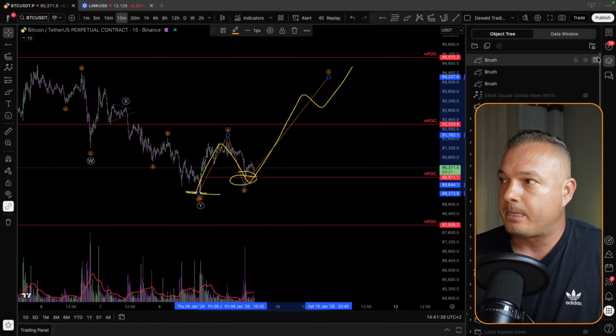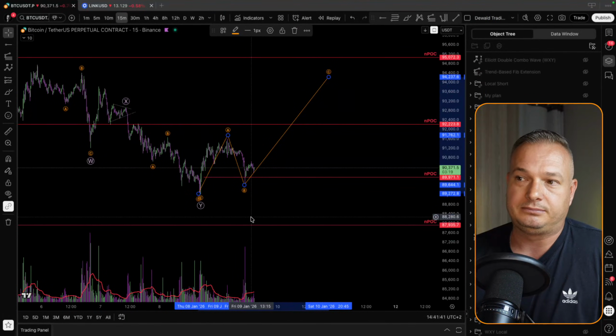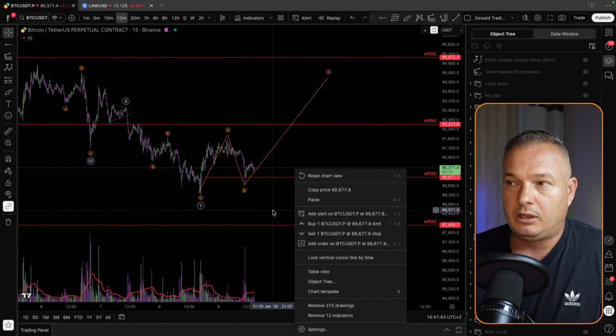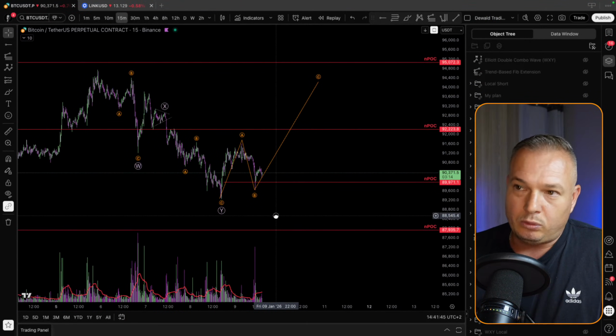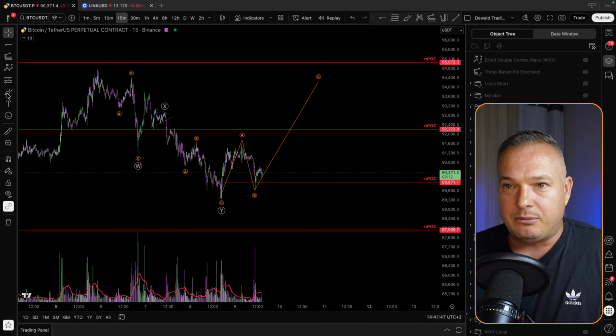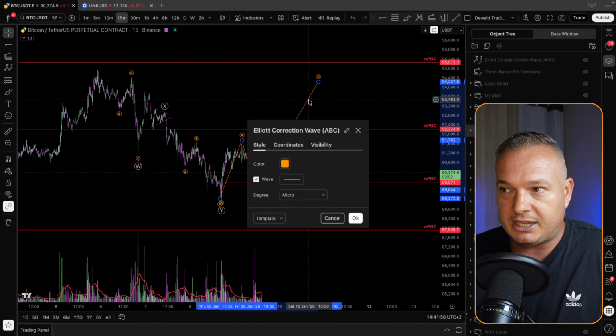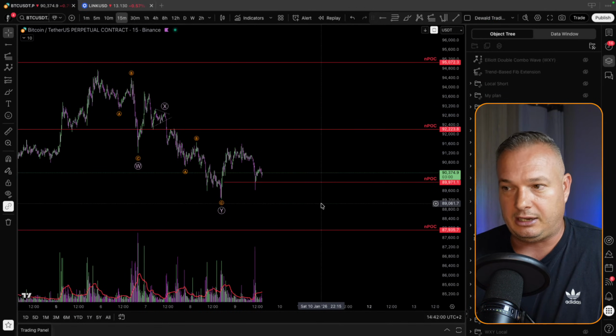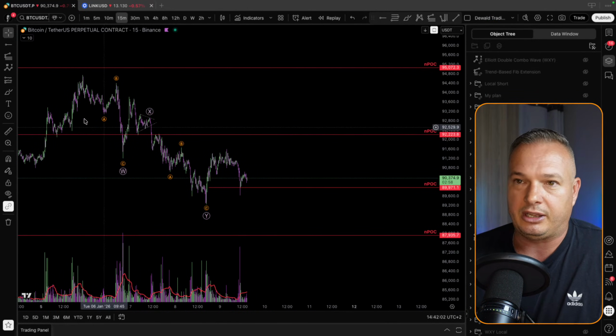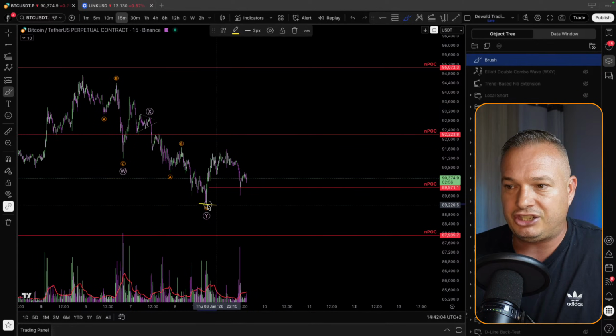Okay. I'm still in my trade from yesterday. But I also know that this can morph. I also know that this can move to or morph into a larger corrective structure. So the most bullish case scenario, okay, let's talk about the most bullish case scenario, is that the correction is done.